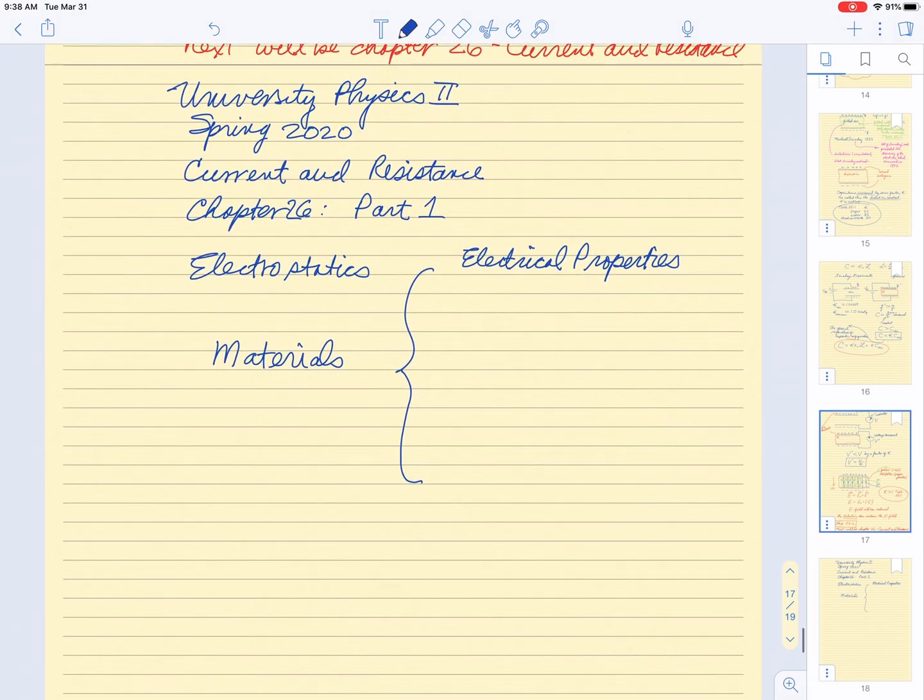So we have conductors, materials that can readily transport charges through them.